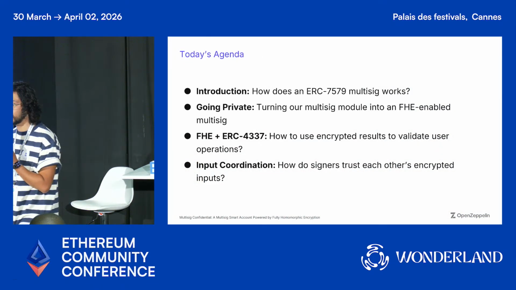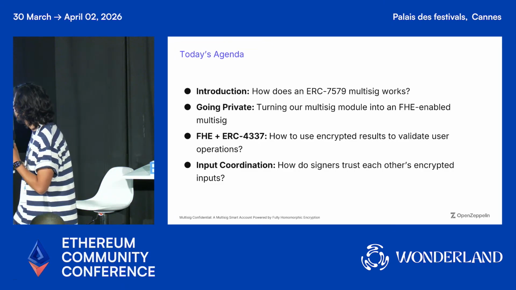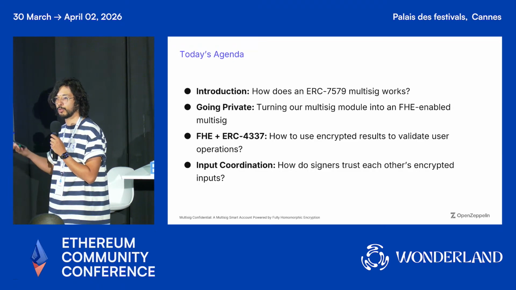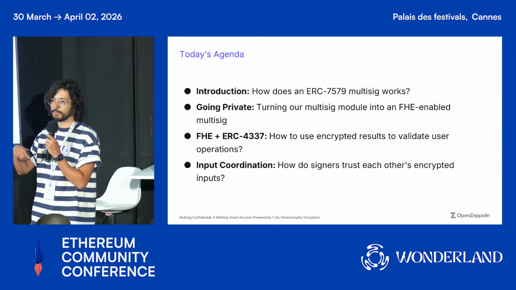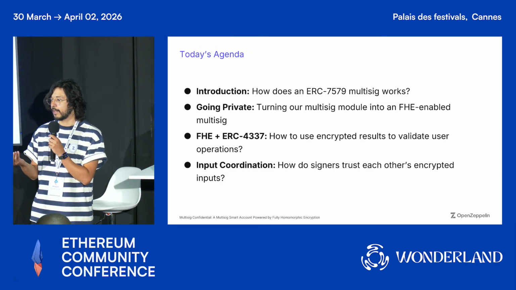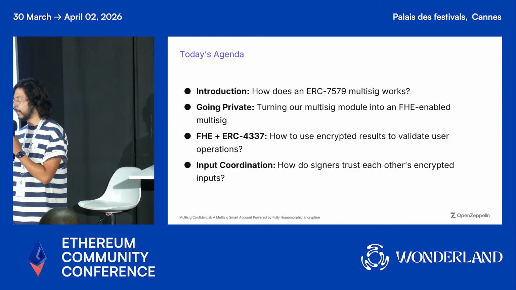For today's agenda, we're going to divide this into four main sections or topics. The first one being an introduction to 7579 as a mechanism to implement functionality in an account. This is important before the second topic, which is going private, right? What does it mean to make a wallet or an account that is private, and how does it interact with applications?